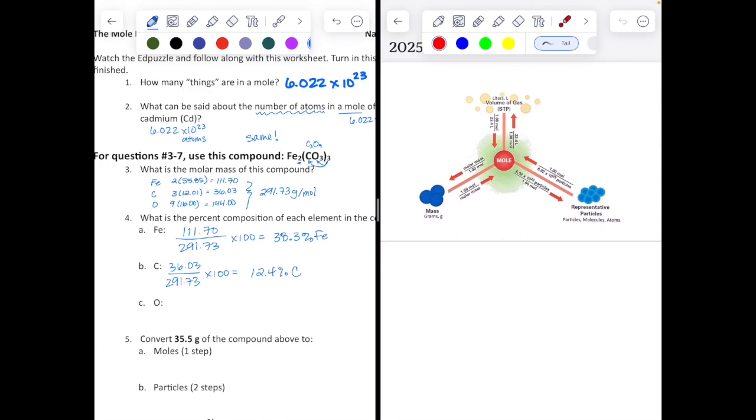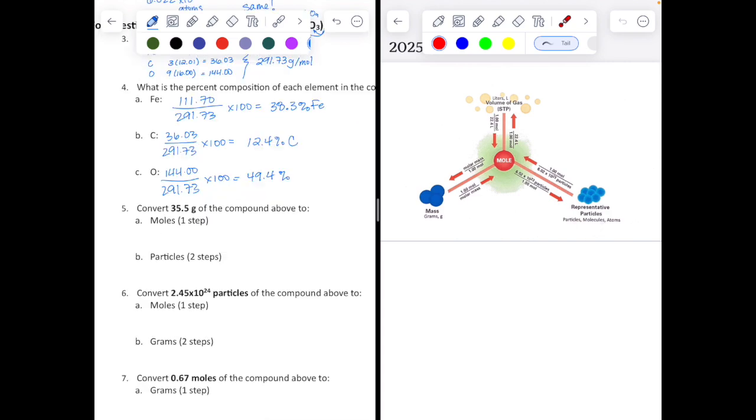So we're going to do 144 divided by 291.73 times 100, which is 49.4% oxygen. Number 5, it says convert 35.5 grams of the compound above to moles and particles.